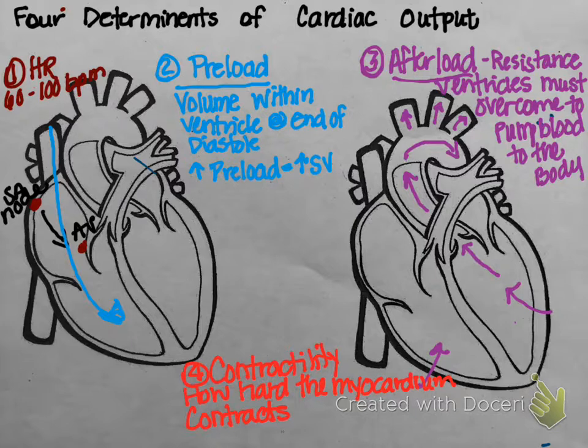Your pump and your electrical work together, these determinants of cardiac output. Because your heart rate is partly your SA node and your AV node helps with that. So that's partly electrical, but it all works together because you got to have the contractility as well. Does that make sense?